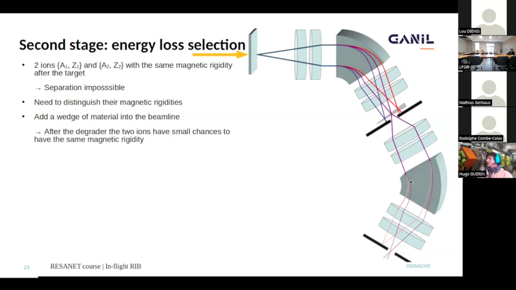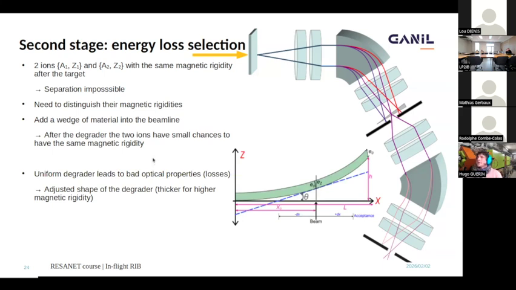Because of this energy loss, ions have not the same Bρ in this beam. You can see ions which have less energy, with higher Z, are much more deflected now, and they can pass these second slits. So you can select the ion with the good Bρ1 and Bρ2 here.